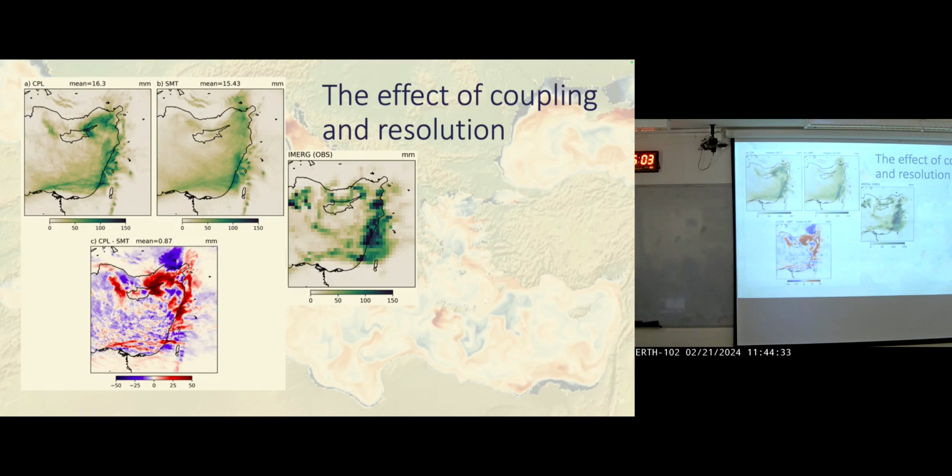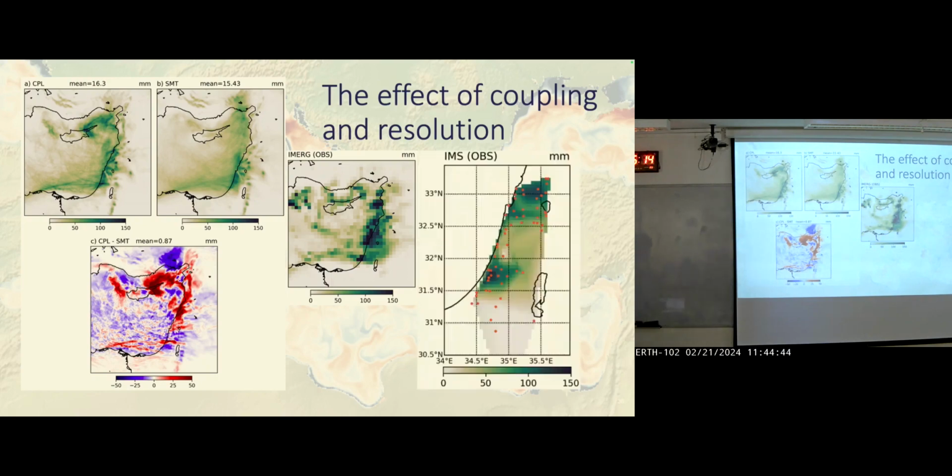So the conclusion here is that the coupled simulation was able to reproduce the precipitation pattern much better than the uncoupled and smooth SST simulation. This is based on the Israel Meteorological Service observations. Here we can also see these high precipitation values in the north and the south coastal plain, and less precipitation in the center. In the smooth simulation, it's just spread all over.